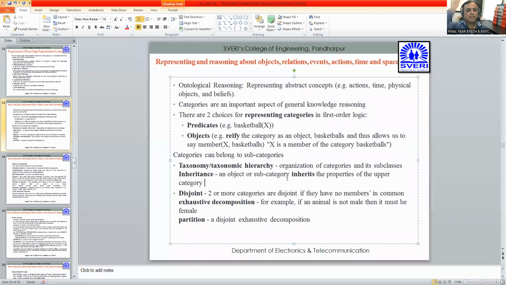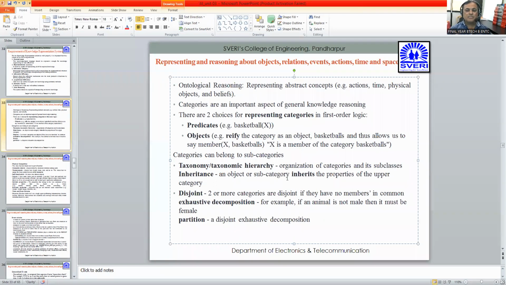And disjoint is nothing but two or more categories which are disjoint if they have no members in common. If they have members in common, then we can say it is a joint category. And if the animal is not male, definitely it is a female. This concept is an exhaustive decomposition. And when a disjoint and exhaustive decomposition come together, it is called the partition.